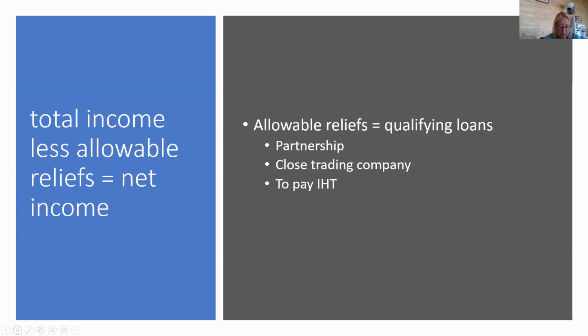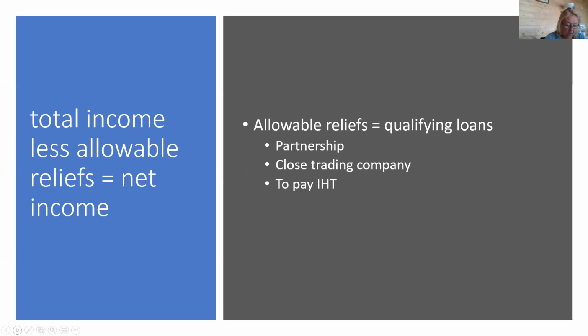You can also, if you're borrowing money and paying interest on any money that you've borrowed to invest in a closed trading company, and also any interest that you might have to pay on a loan to personal representatives to pay inheritance tax. So the interest that you pay on those qualifying loans is again reducing the total amount of income that you've got that you're going to be paying tax on, because we have our total income figure, we take off any of those allowable reliefs, and that gets us down to our net income figure.